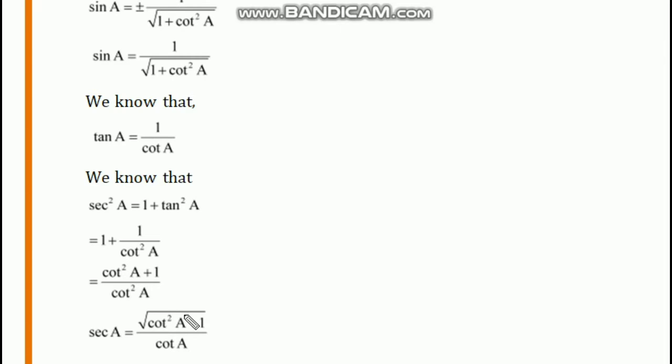For that purpose only here we took square root of cot square A plus 1. Here we can't remove it, because cot square A is added with 1. So the answer is secant A equals square root of cot square A plus 1 divided by cot A.